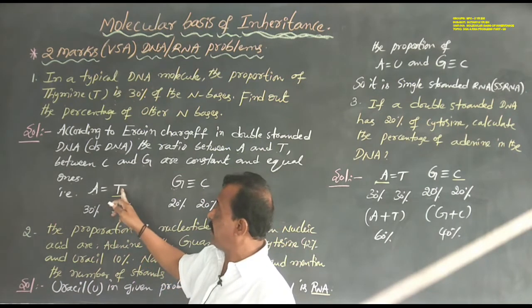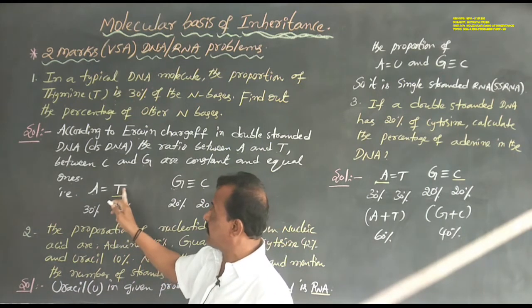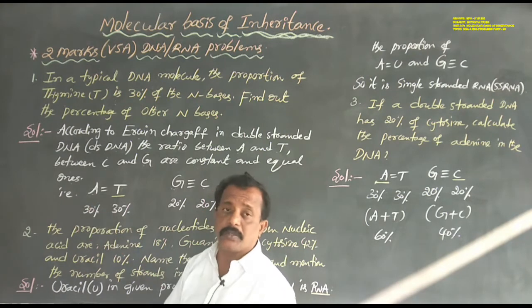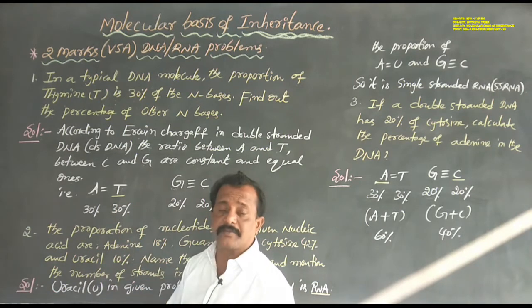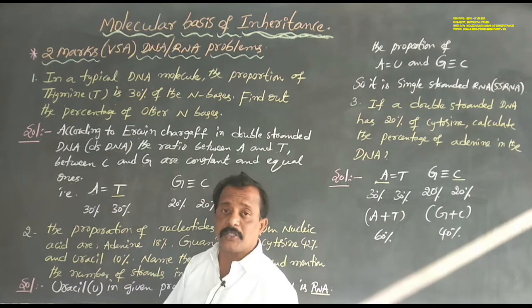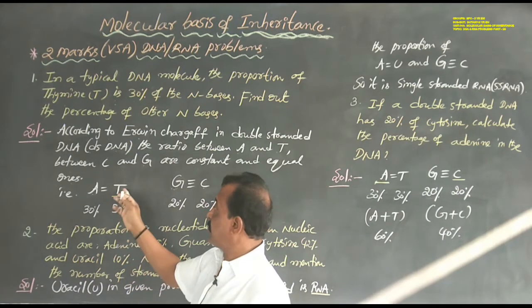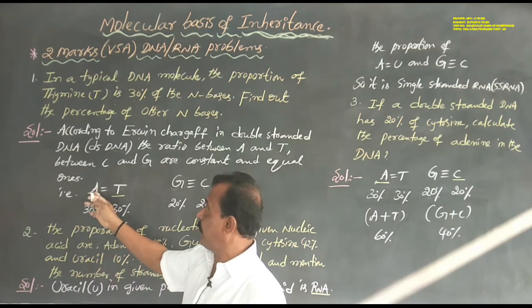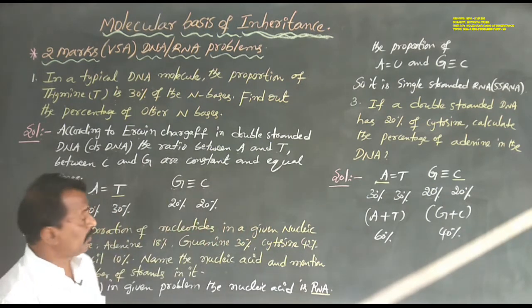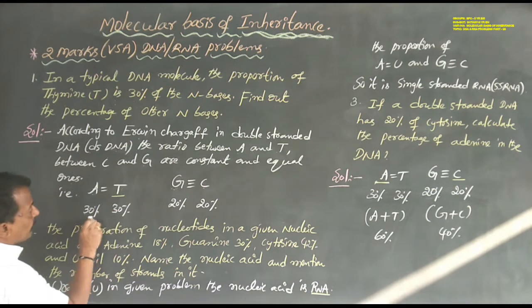So T equals 30%, and adenine is also 30%. Why? Because adenine is the first purine and thymine is the first pyrimidine, and the first purine is always opposite to the first pyrimidine. So 30 plus 30 equals 60%.